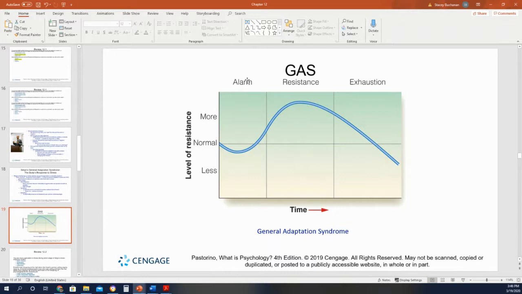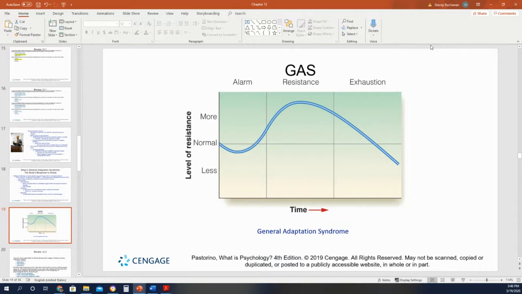So you normally only go through the alarm and resistance phase: finding out about the stress, working through the stress, and then, say, performing the speech, and then you're done. This goes away because the stress is gone. But if you spend too long getting stressed out, working too hard, staying up a very long time working on it, you're going to hit exhaustion.